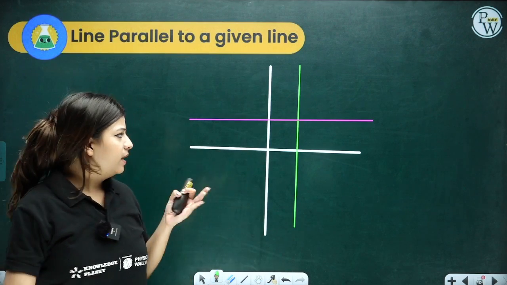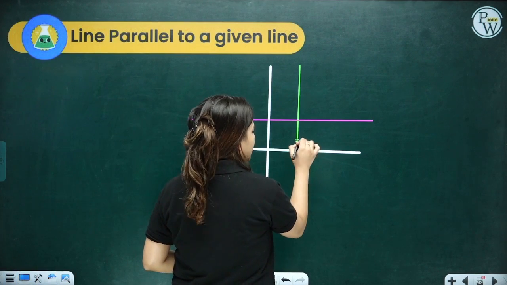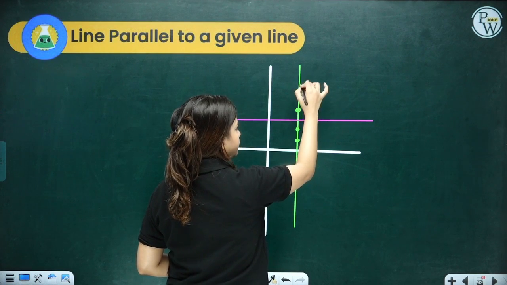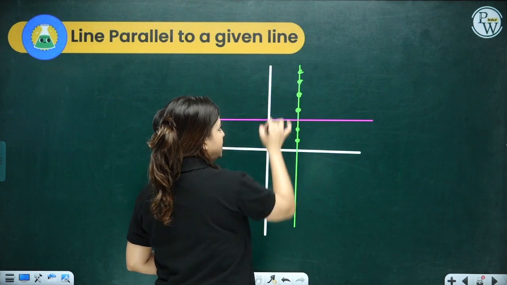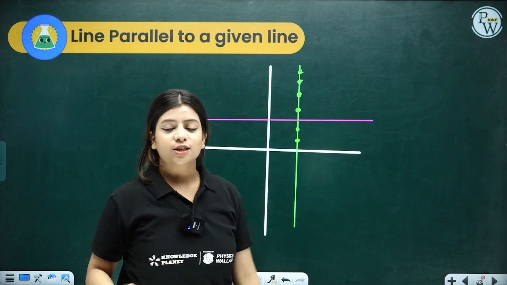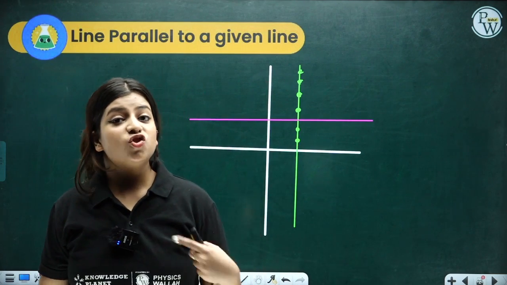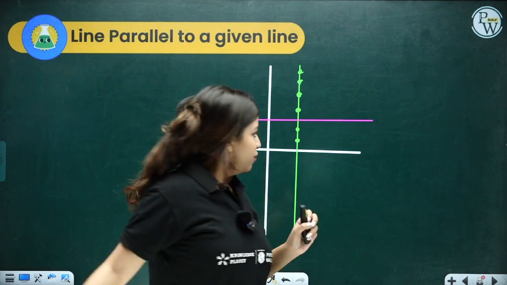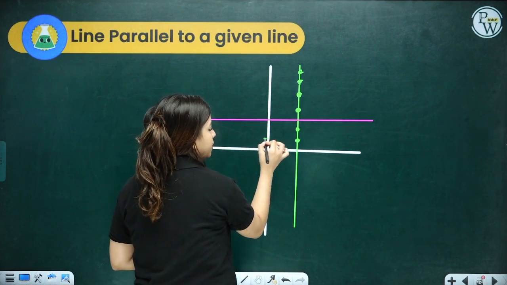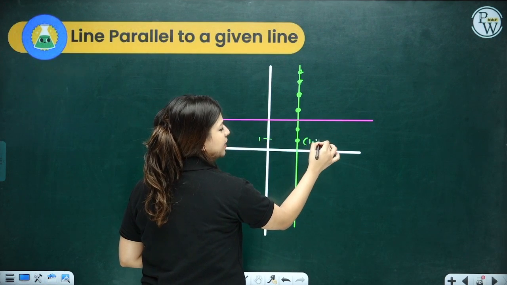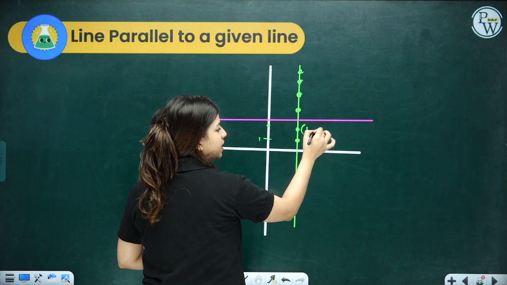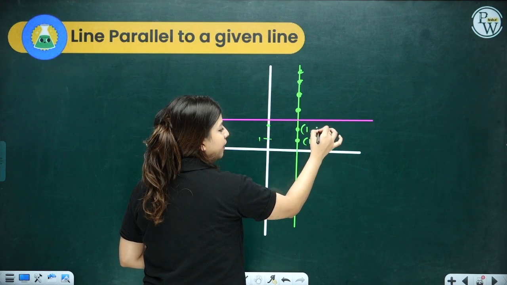So basically, we can see that any point which is on this particular line is changing the y but the x is constant, right? We can see that over here the x is 1 and the y is 1, then over here the x is again 1 and the y is 2.